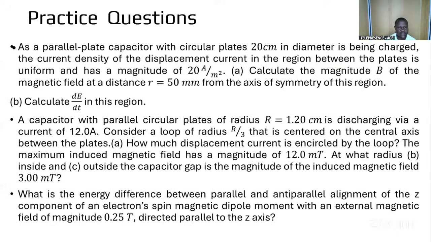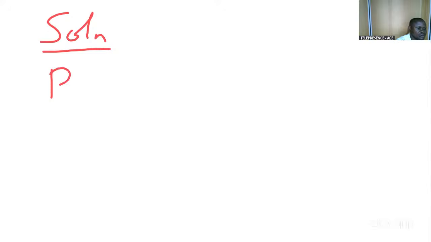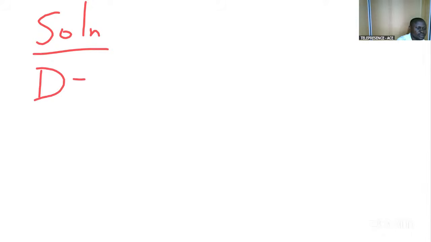So we'll look at the given parameters. We are given the diameter of the plate, which is 20 centimeter.